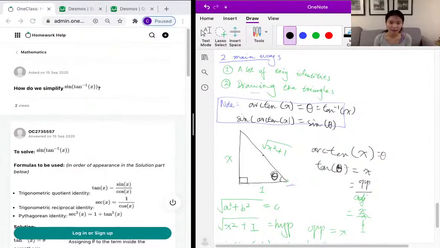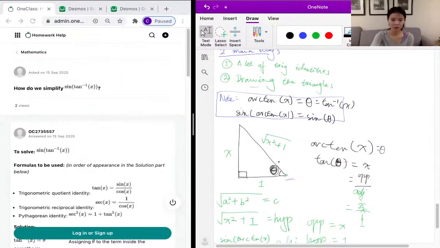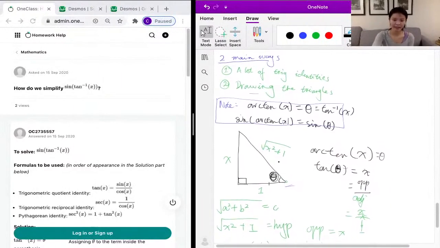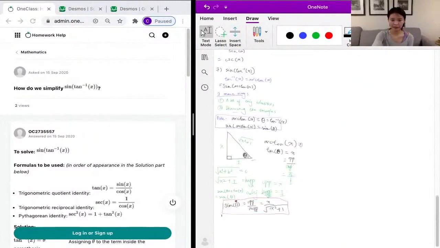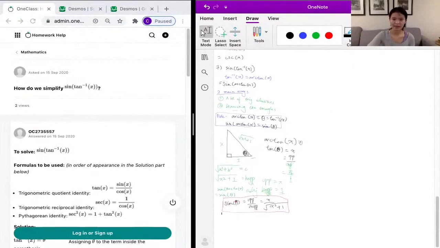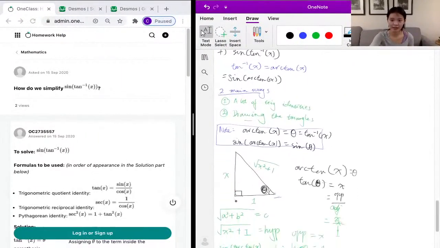The opposite of this angle is x, and the hypotenuse is the square root of x squared plus 1. So sine is opposite over hypotenuse, which is x over the square root of x squared plus 1, and this is our final answer. Excellent. This concludes our problem of simplifying the expression sine of arctangent of x.